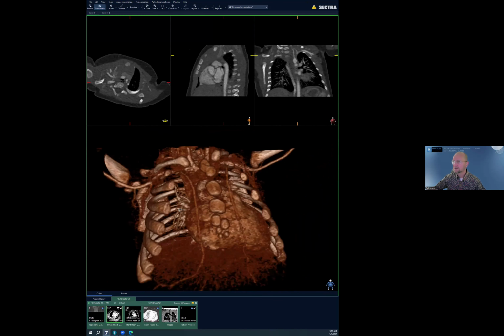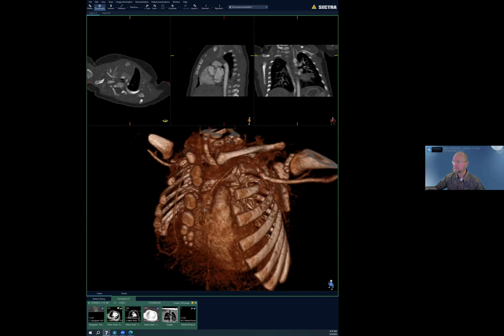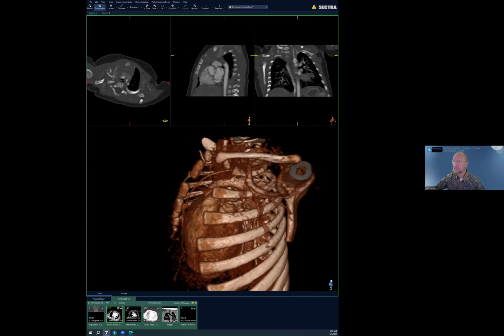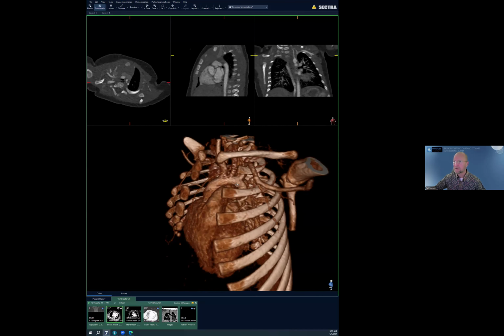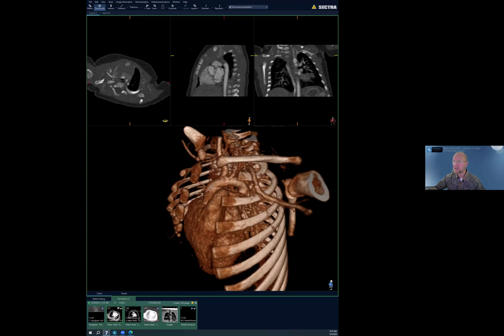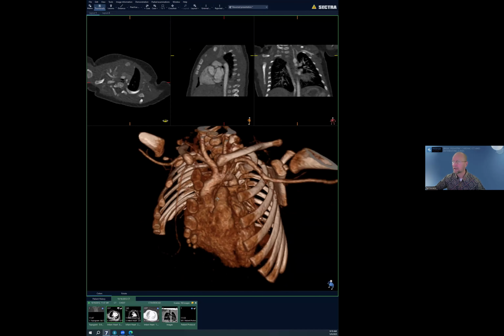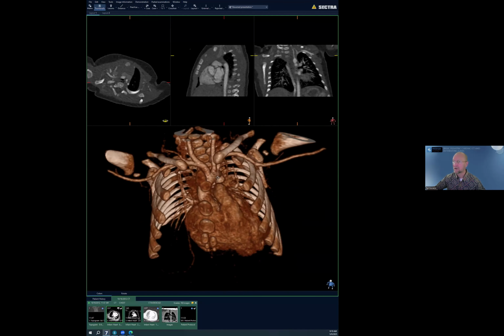So I think the issue is just kind of a late takeoff of the brachiocephalic artery. It gets very close.